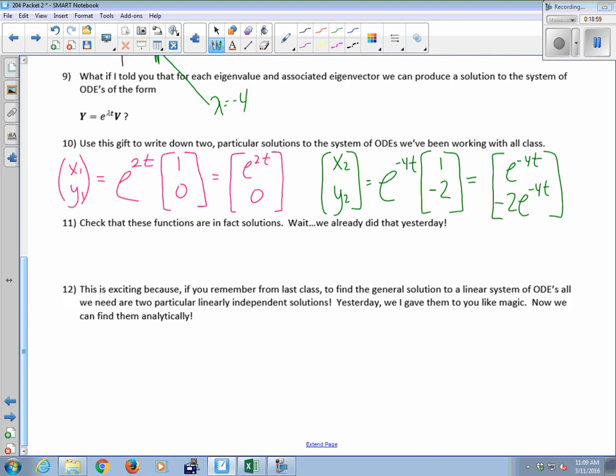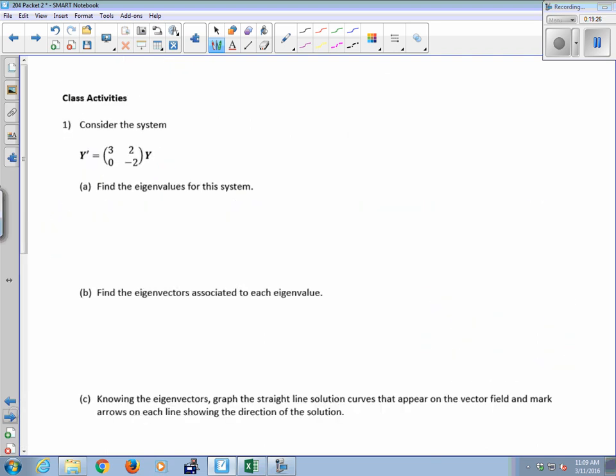And that's good because two classes ago, we realized that all we need are two linearly independent particular solutions, and you take a linear combination of them and you have the general solution. So now I've given you a systematic way of creating two solutions. Then just take a linear combination and you've got the general solution.